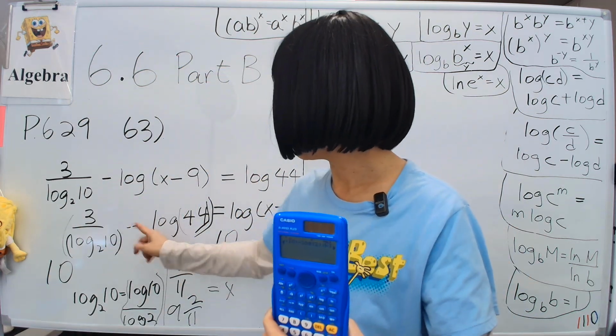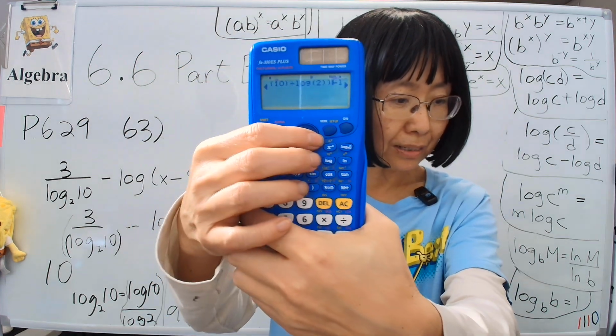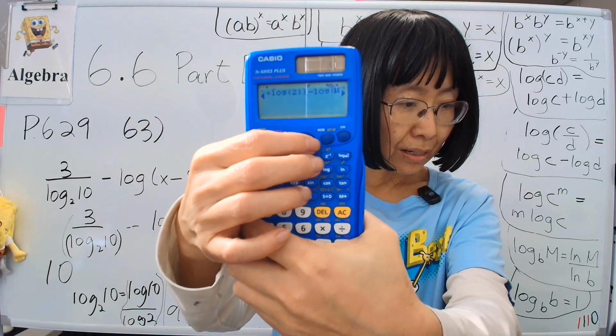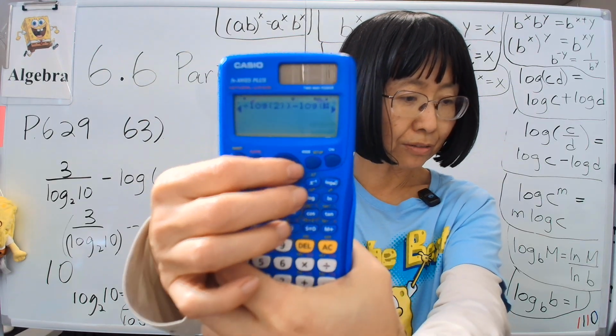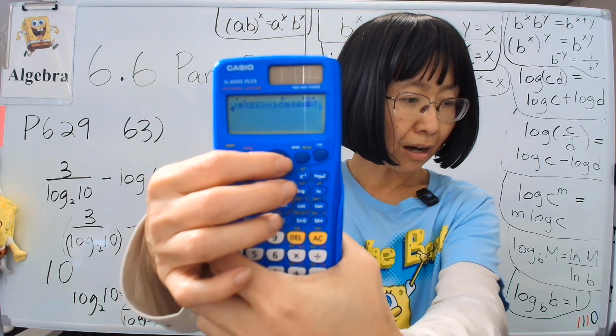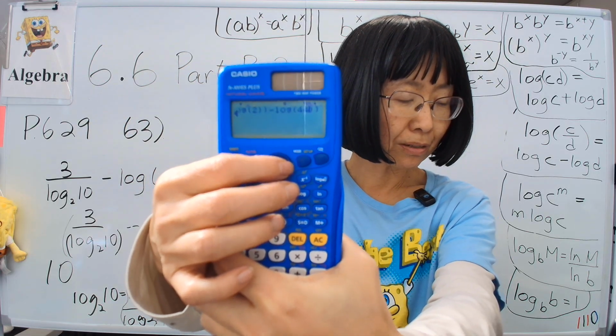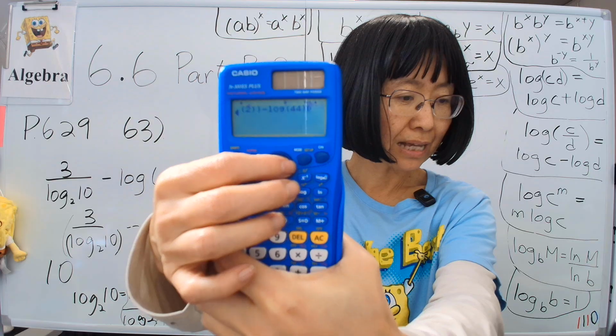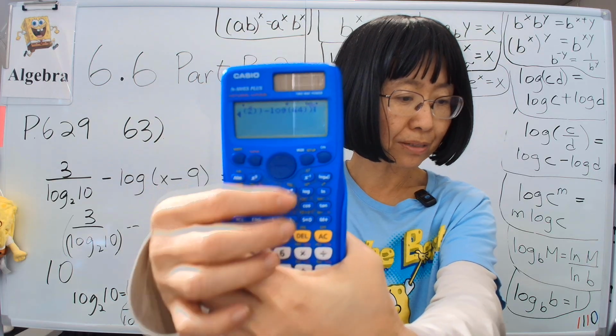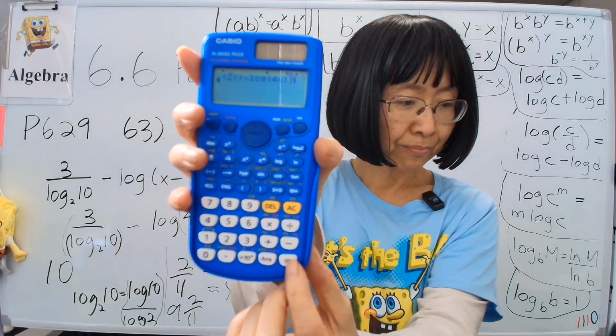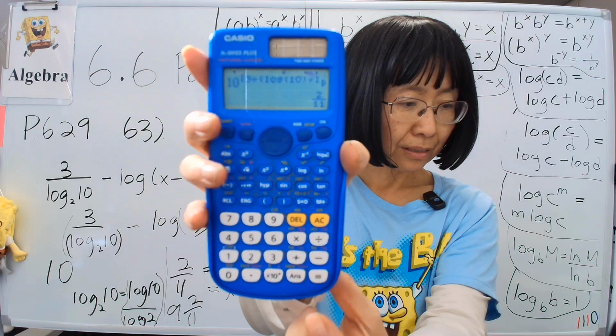Then the rest we have to do is log 40 minus log 44, which has its own parentheses, and then we close the very last parentheses, and that should do it.